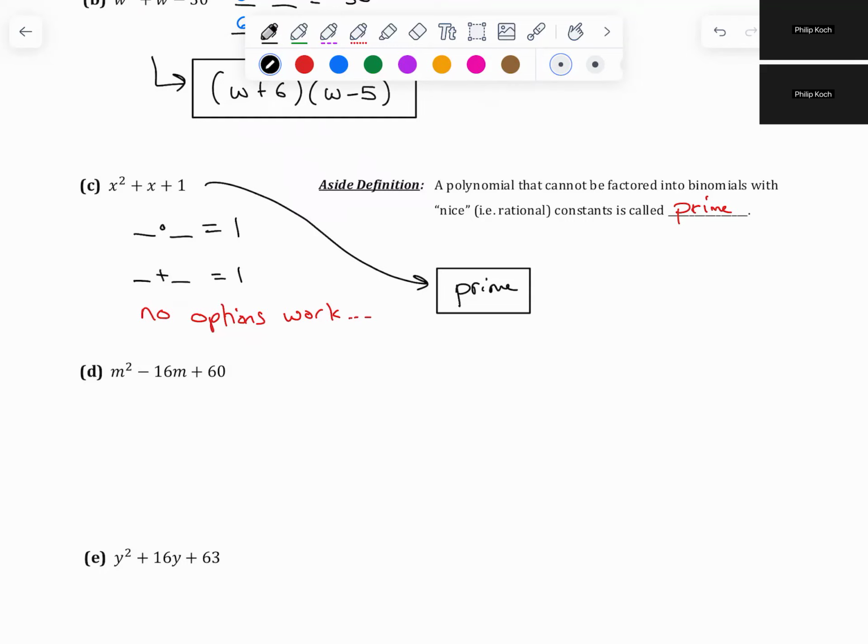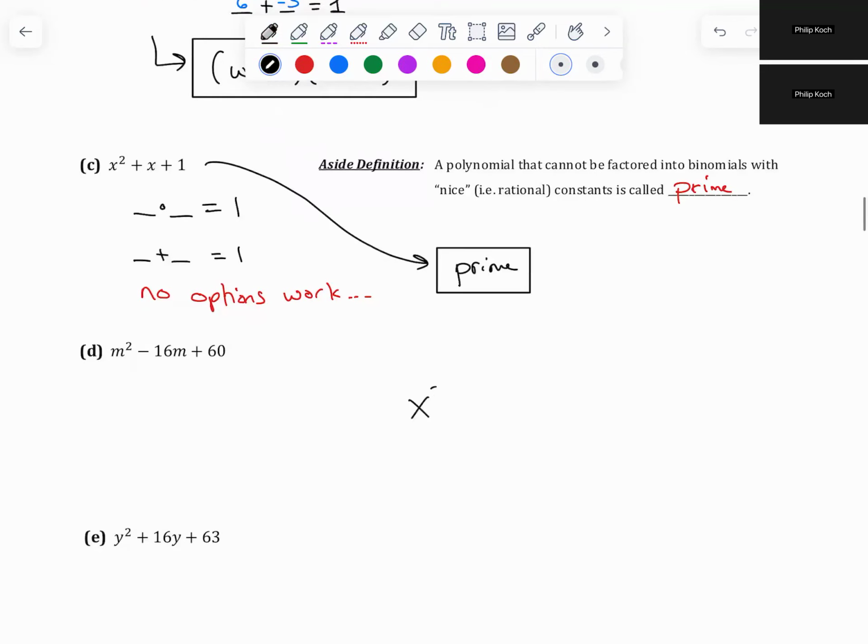But this will require you to work with irrational numbers and possibly complex numbers. So for example, if you see x squared plus 1, that is also a prime polynomial. You don't need to write this down, but for x squared plus 1, there are no two numbers that multiply to 1, the constant, and add to 0. Multiply to +1 and add to 0. That's not possible. It's a prime polynomial.